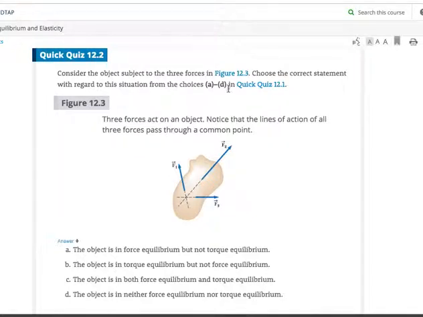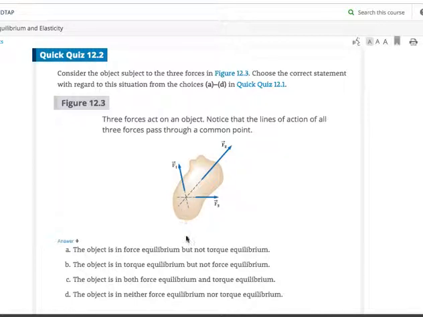Okay, now let's do this one. Consider an object subject to 3 forces. Choose the correct statement with regard to this situation. 3 forces act on an object. Notice that the lines of action of all 3 forces pass through a common point right here. If they all pass through a common point, you can put your axis of rotation right there and there's no external torque on it.